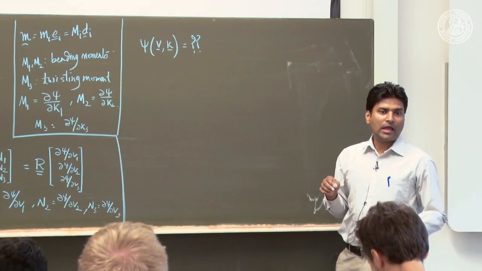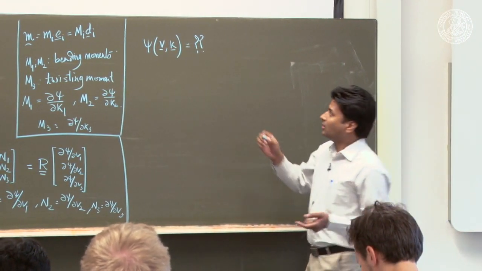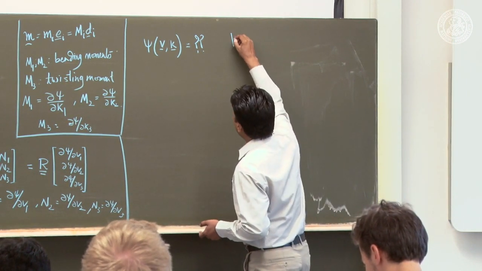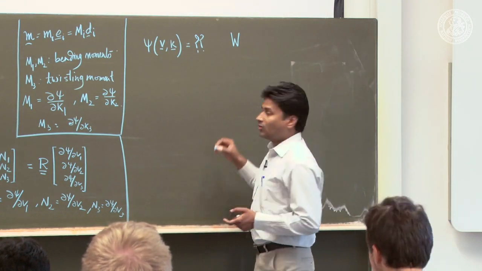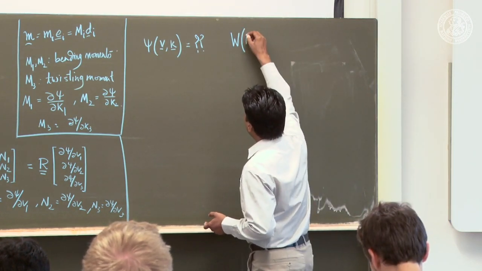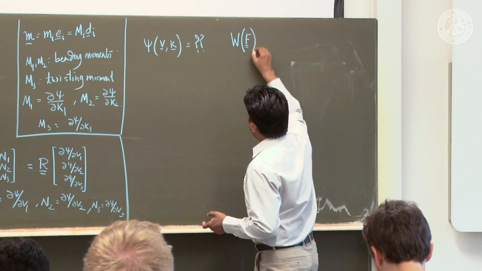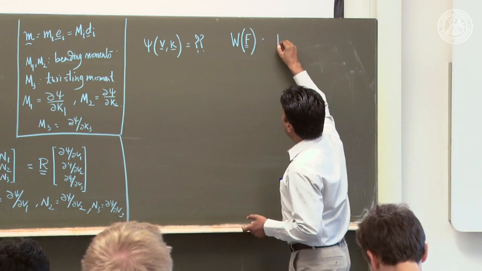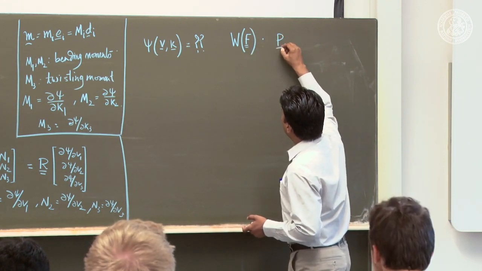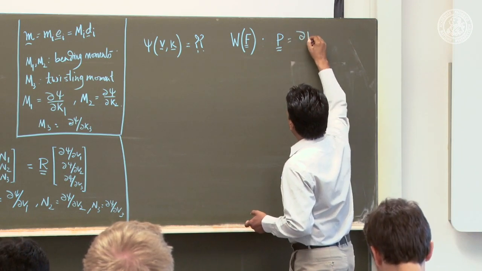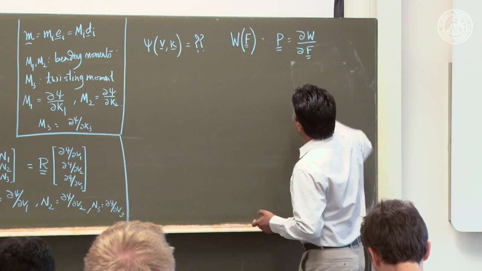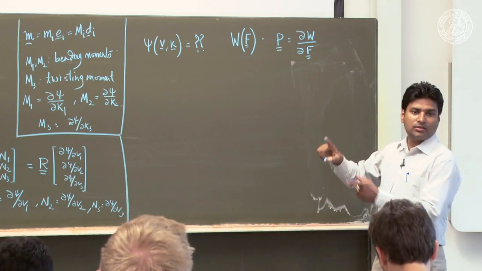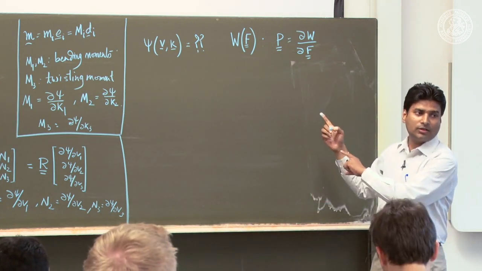As in 3D elasticity, you have W, the three-dimensional strain energy density. You say it's a function of the deformation gradient, and then you also establish that P, the first Piola-Kirchhoff stress, is del W over del F. So that's very good, you get how the stress is related to the deformation gradient.